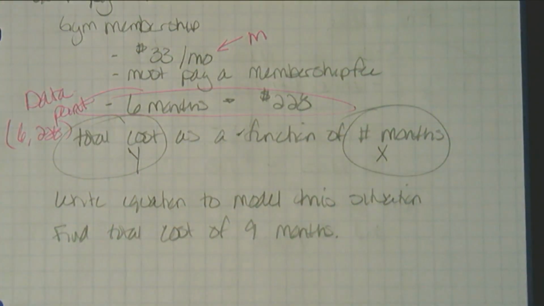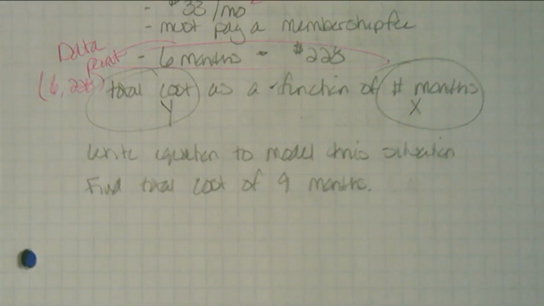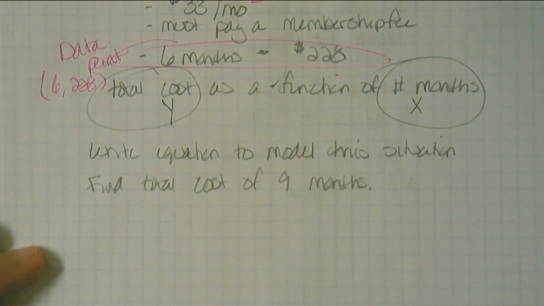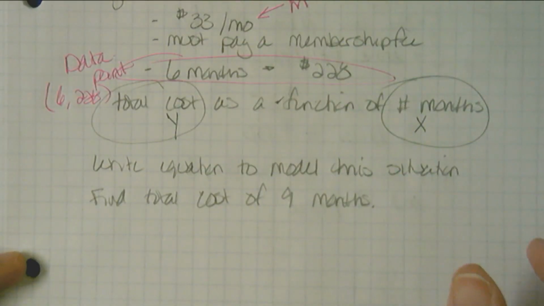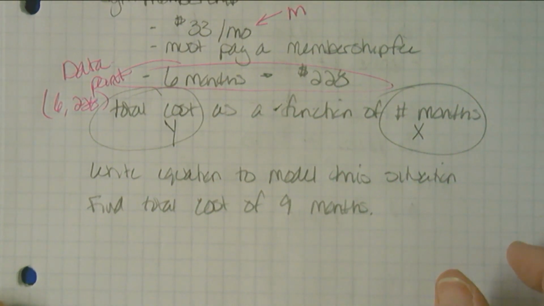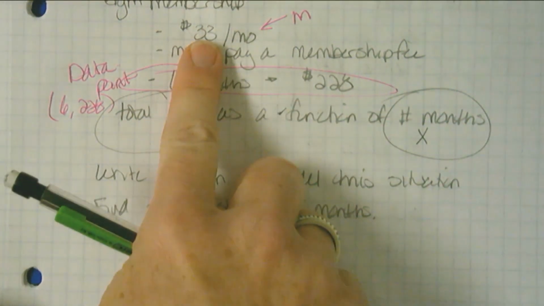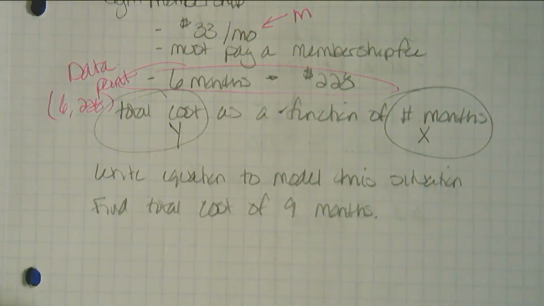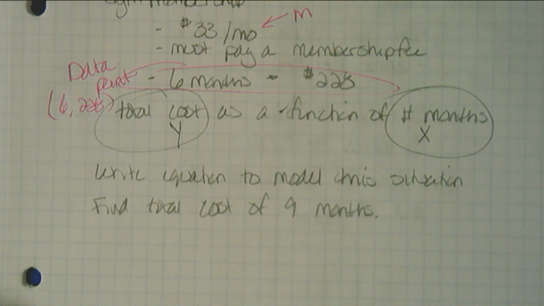Okay. Ryan, what do I need to do first? So we know our slope, right? Okay, what don't I know that I need? I need that y-intercept, right? Okay, so tell me what I'm going to do.